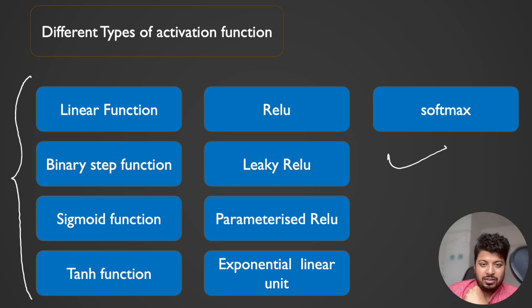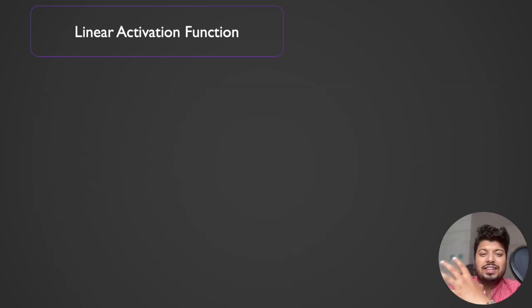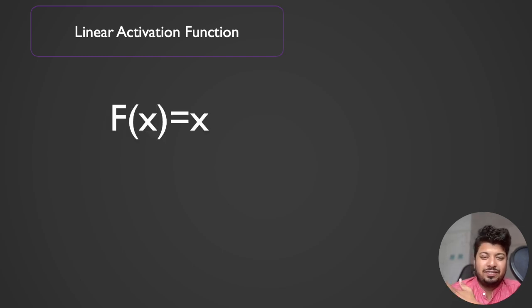So let's start with our linear function. Linear activation function is like the entry point to activation functions, or the introduction of activation functions in a more useful way. Mathematically, we can represent linear function with f(x) = x. It's really simple. Whatever value you supply here, the same will be the output. And if we have to summarize it in a graph, this is how the graph of a linear function looks like.